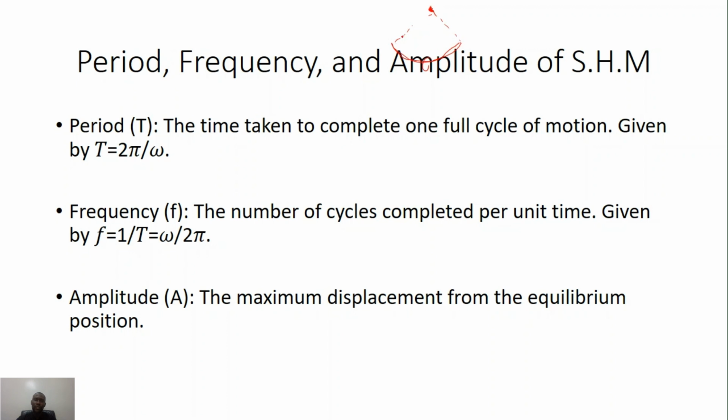So the time taken for the body to move from one extreme to the other extreme and back to its starting position is what is called period. And it is given by this formula, 2 pi over angular velocity.